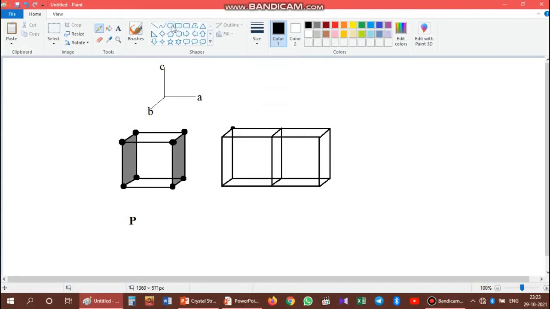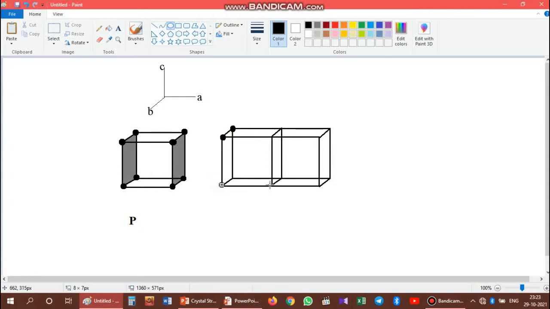No, this is not the right tool. This one should be better. Yeah, this is one. So this way we have to draw here 8 plus 4, that is 12 lattice points.